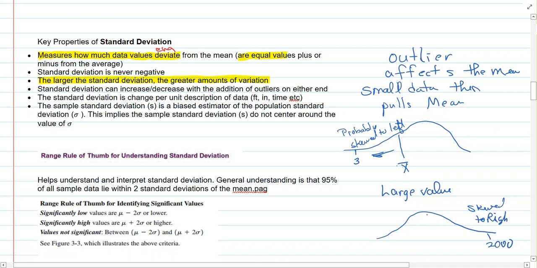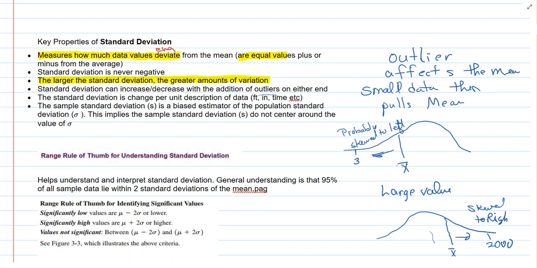Well, the mean should have been right about here, because if we wouldn't have had that, it would have been a bell curve. Now it's over here. It shifts it to where the big number goes. So that's what it means, that the standard deviation can increase or decrease with the addition of outliers. And sometimes in our real world, we drop them.